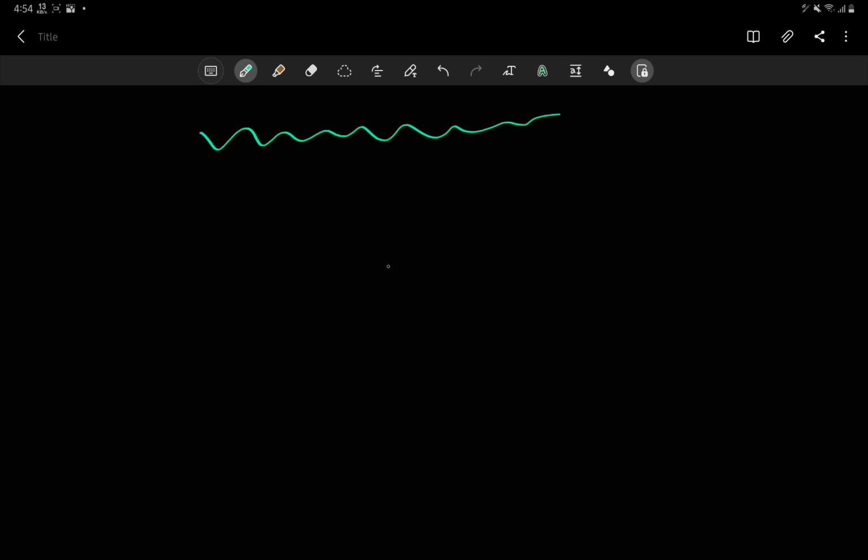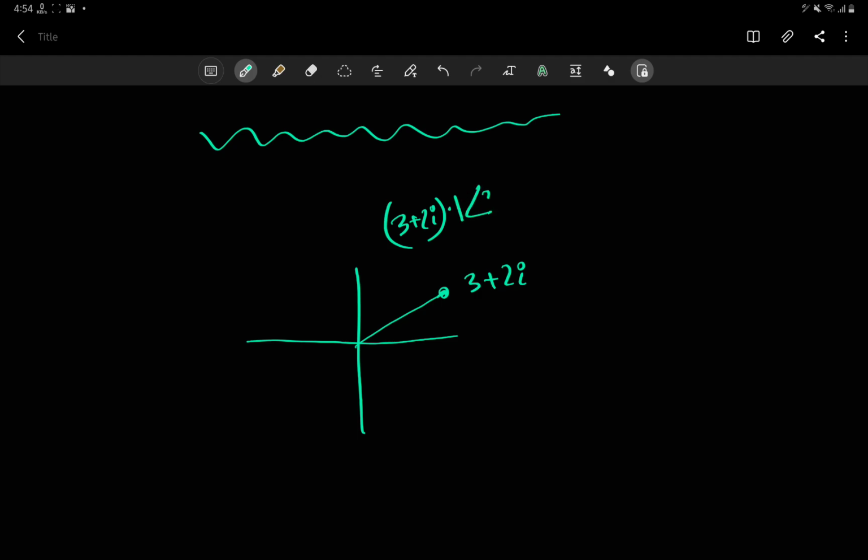For example, if you have a complex number 3 plus 2i, and you multiply that by, let's say, e to the power i theta, which in our electrical system I'm going to write as 1 angle 30 degrees, that would mean the radius remains the same because you are just multiplying by 1.